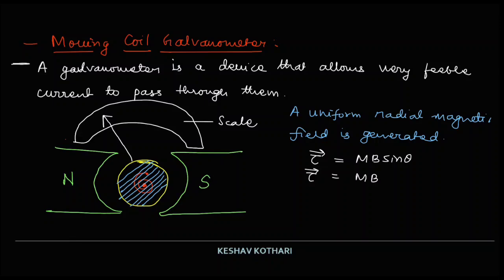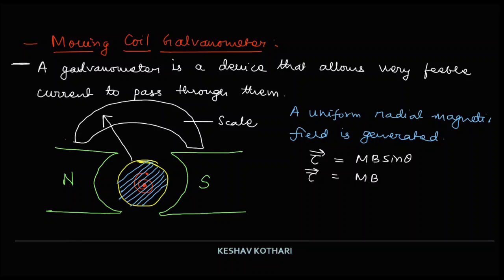It is because of this torque that the pointer attached with the soft iron core will move and point to a particular number on the scale. That is, this torque is responsible for the motion of this armature coil and hence the motion of the pointer associated with it.